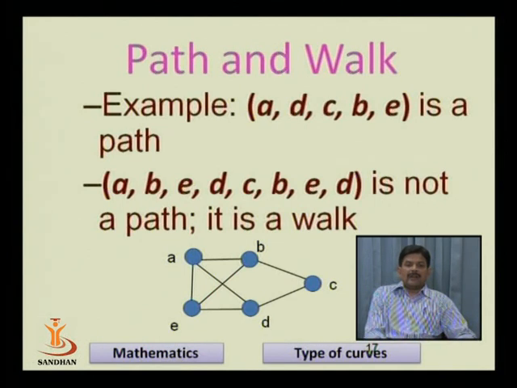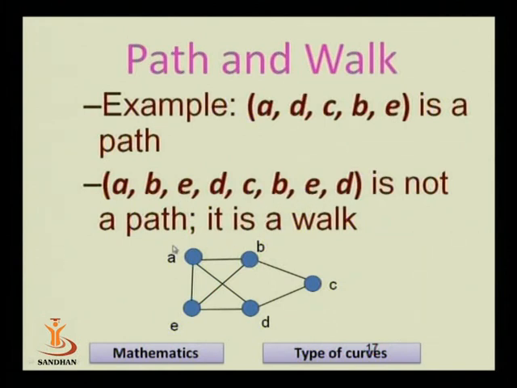Now the second is not a path, but it is a walk. The second is A, B, E, D, C, B, E, D. Here which vertex is repeated? Vertex E is repeated, so it is not a path. So it is simply a walk. If we restrict a walk so that no vertex repeats, then it becomes a path.